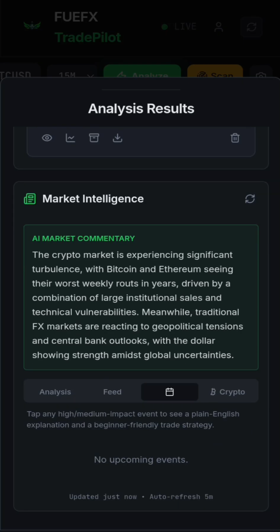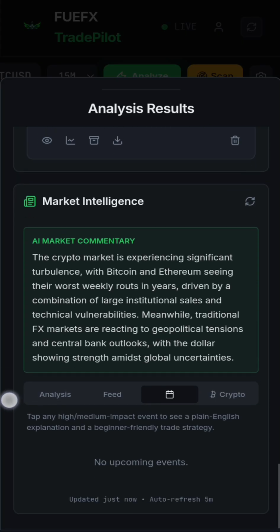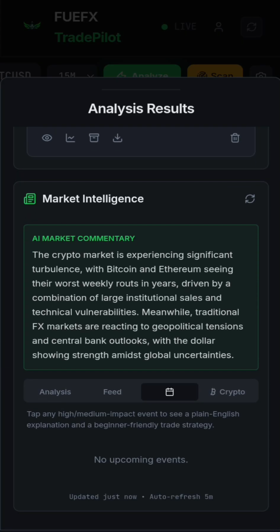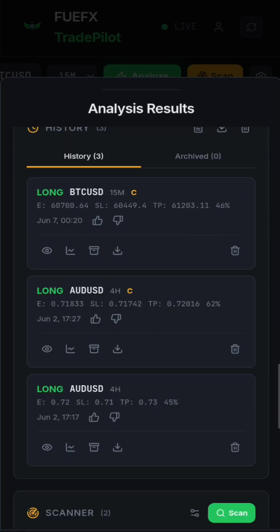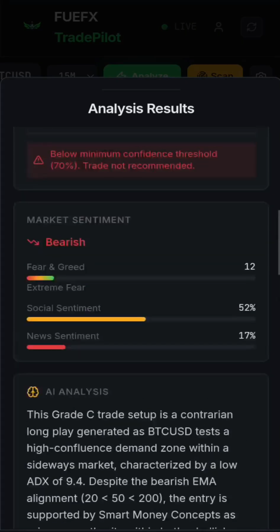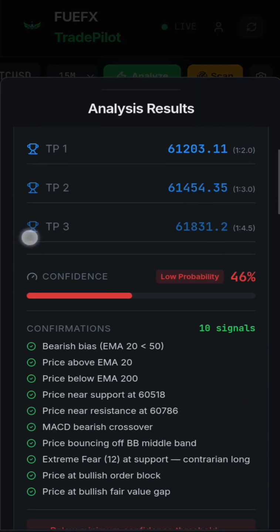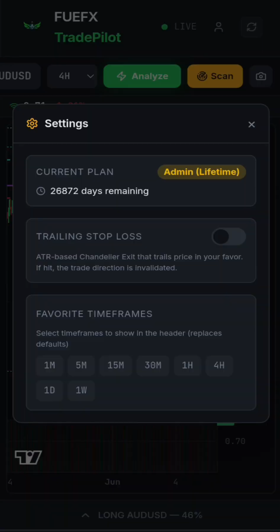Usually, you see the economic calendar and its interpretation, a beginner friendly explanation of each economic event, the high impact and medium impact events. It will explain it, telling you what impact those events have on any particular currency. So that's that for this part.